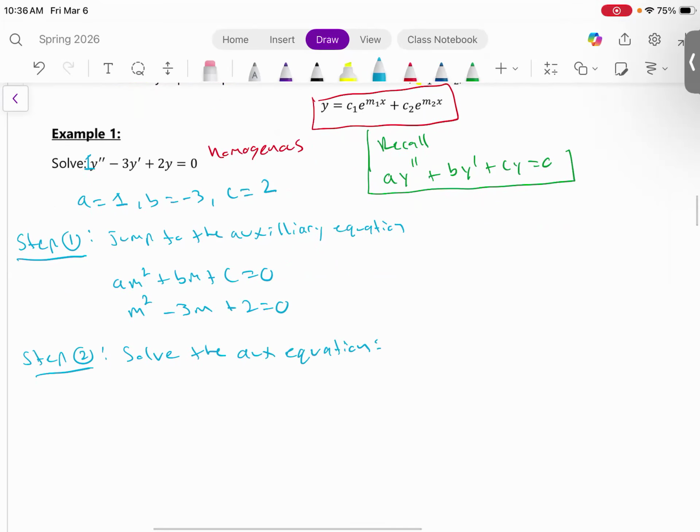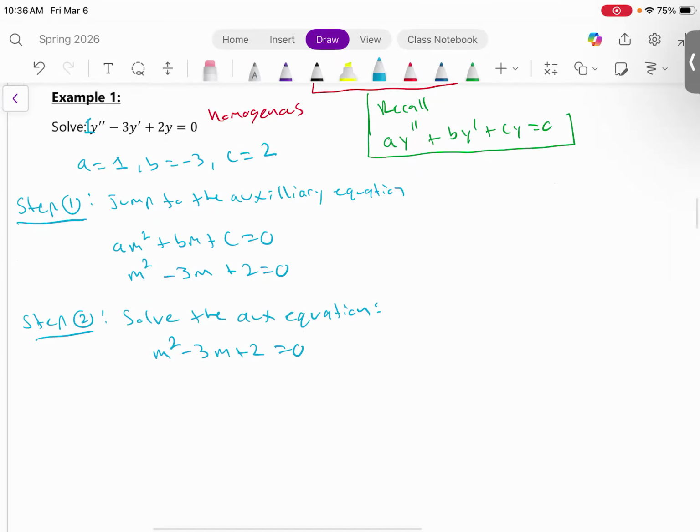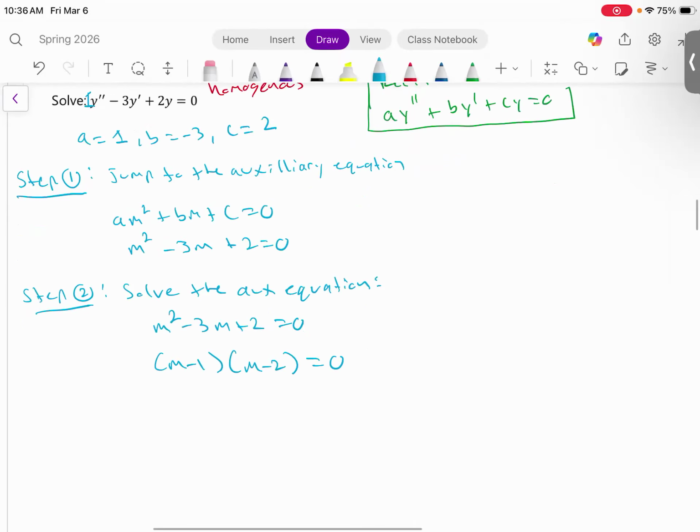So we're basically just factoring this and solving for m. And so m squared minus 3m plus 2, we should be able to factor by now. But that just turns into m minus 1 times m minus 2 equals 0. And so m1 equals 1 and m2 equals 2.